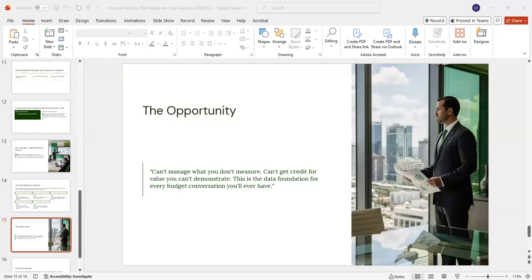And hopefully you have realized that none of this requires a finance degree. It does require a method, a standardized method applied every quarter, every reporting cycle, not just at annual budget time. Hopefully, with what you have learned, you are now the functional leader who is able to speak the finance team's language and is now the one who does get heard.